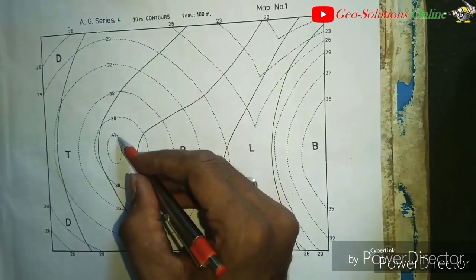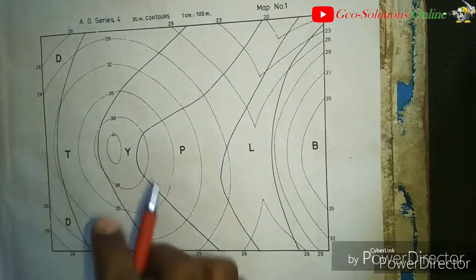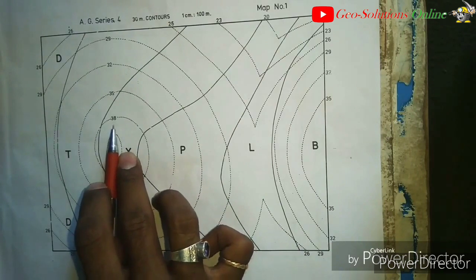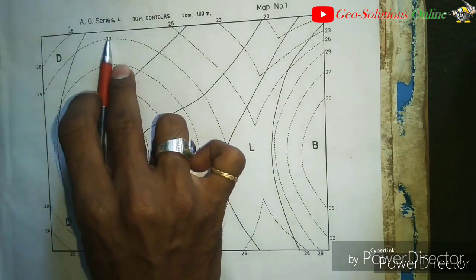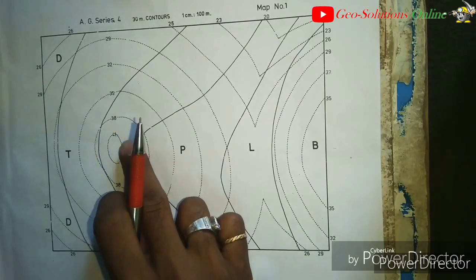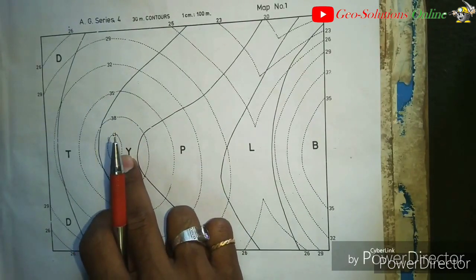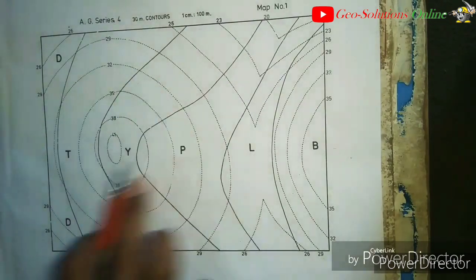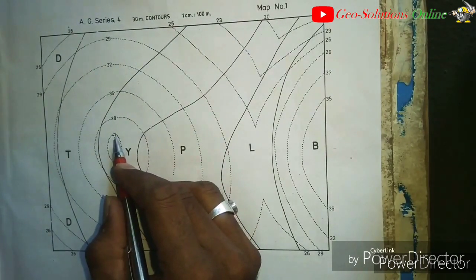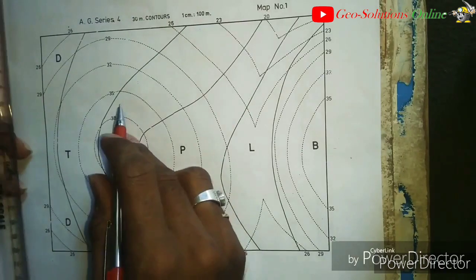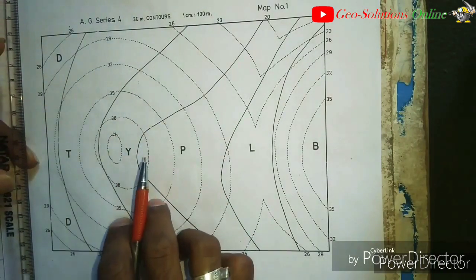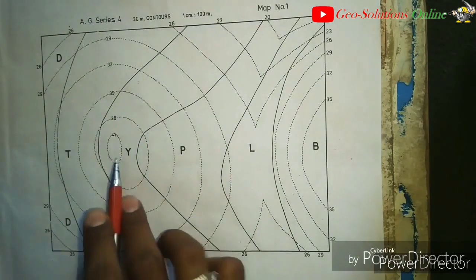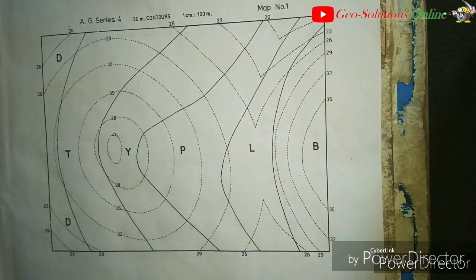If the concentric circles have the maximum value at the center and the value decreases away from the center, it is a highly elevated portion, a hill-like or dome-like portion. If the value at the center of the concentric rings is less and increases away from the center, then that area is a depression-like or basinal structure. So this is an isolated hill.